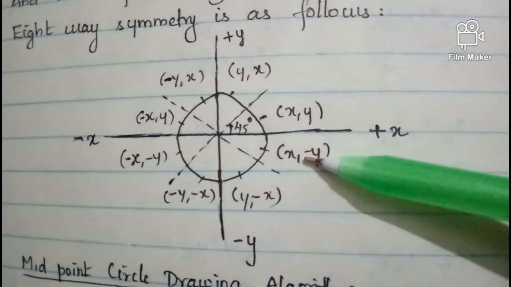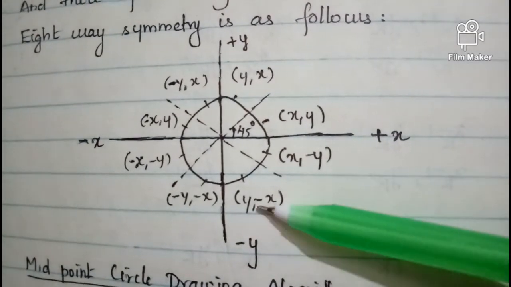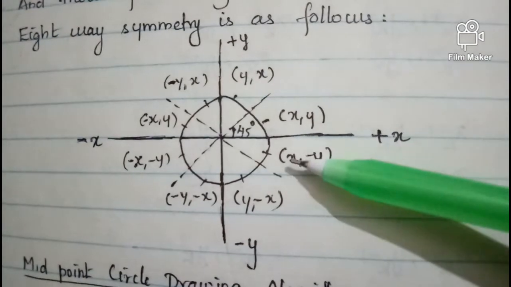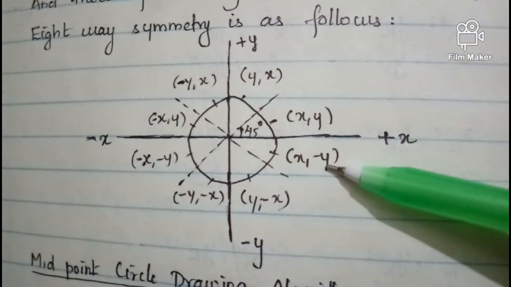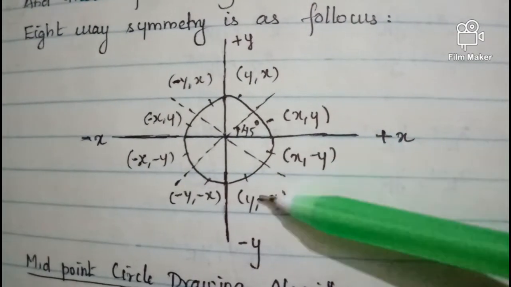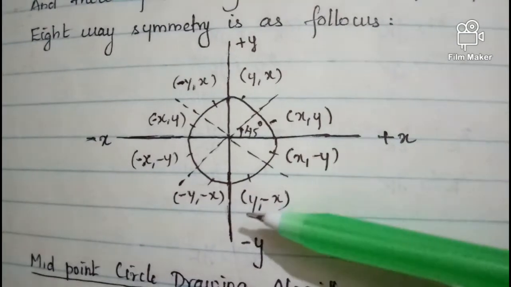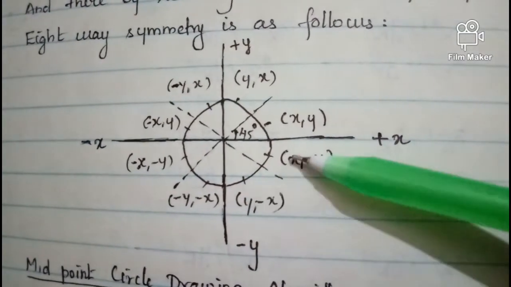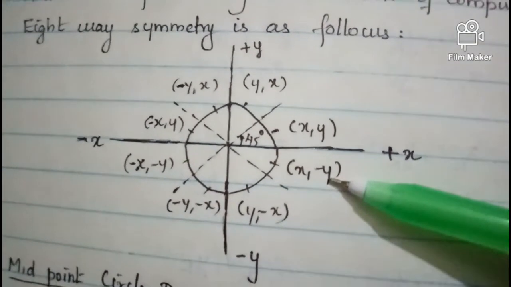Coming to here, this was already computed automatically, and using this we are going to write this octant. That means x is positive, y is negative. First is positive, second is negative. So reversing the values of x and y, y comes to the first parameter, x comes to the second parameter. It will become y minus x, where in both situations the first parameter is positive and the second parameter is negative.